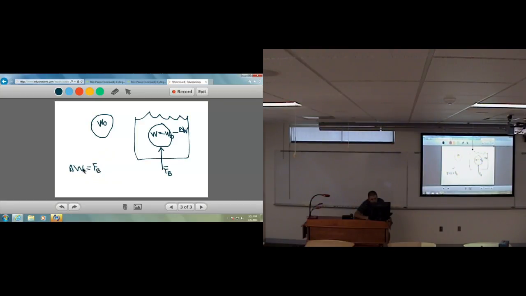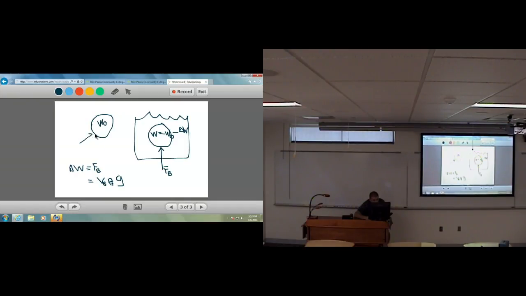Within the buoyant force you have, remember, the volume of the body times the rho of the formaldehyde times gravity, right? And the volume of the body actually changes.